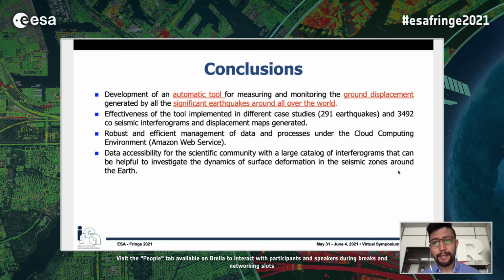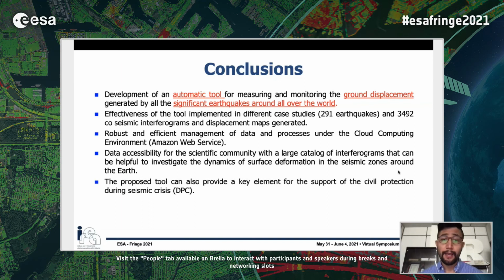So now it's possible to take this information into account to study different dynamics related to surface deformation from earthquakes. Another important thing is that all this information is a key element to support civil protection in any part of the world during a seismic crisis.